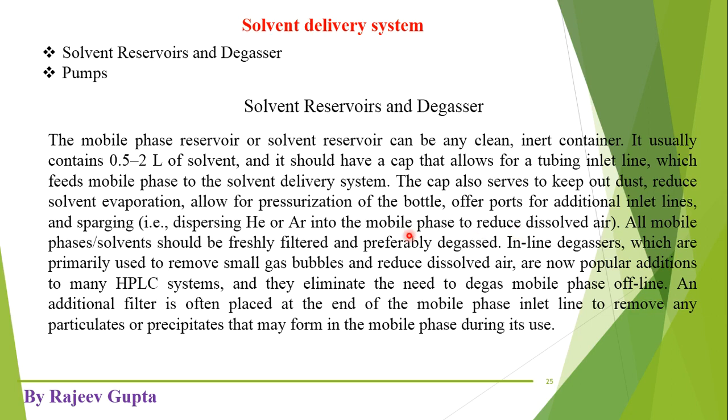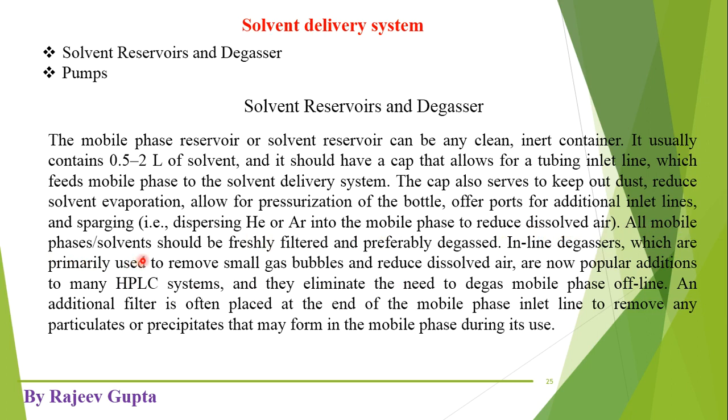At that high pressure the mobile phase, which is liquid, is compressed somewhat, because liquids are also compressible. So at that high pressure the dissolved air in the solvent creates air bubbles inside the plumbing system or column. So first of all, by using the degassing technique, where we purge helium or argon inert gases, these inert gases remove a high portion of the dissolved air inside the solvent.